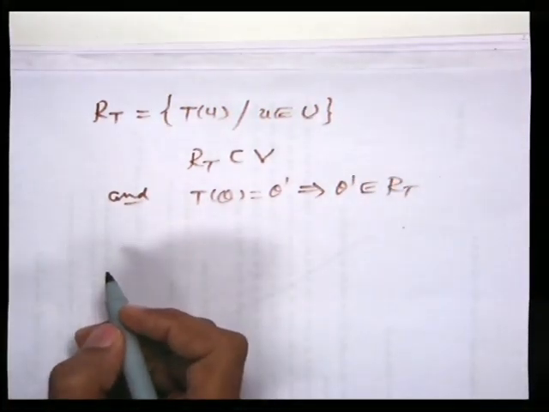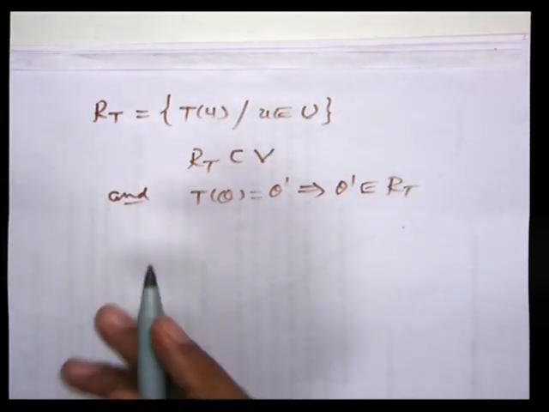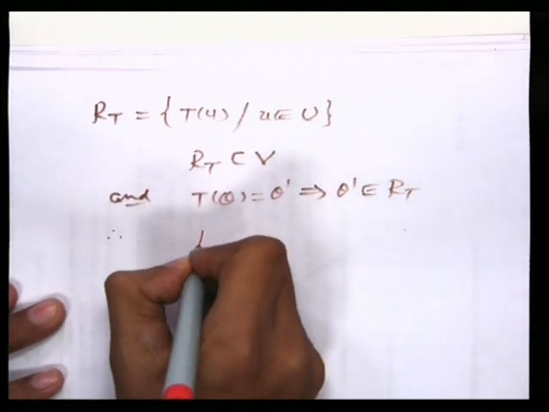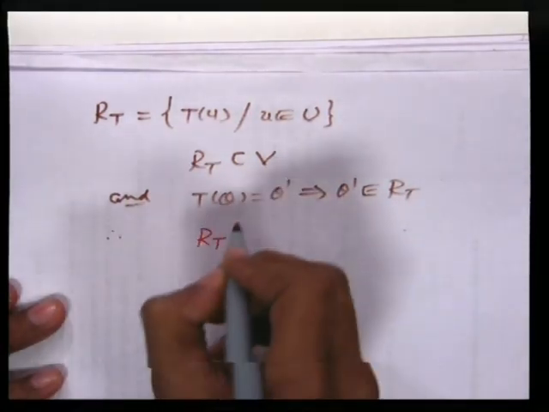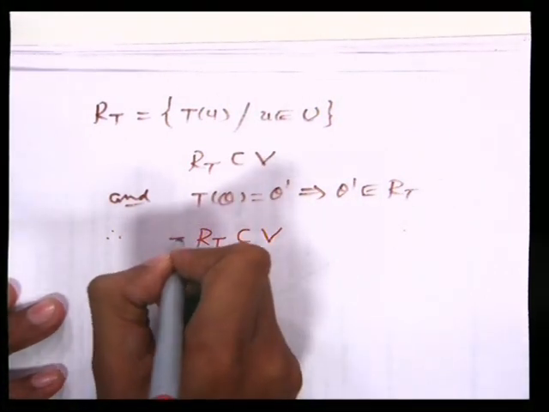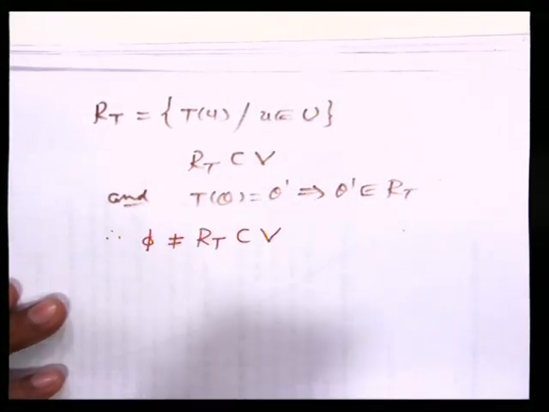Therefore RT is a subset of V and it is non-empty.